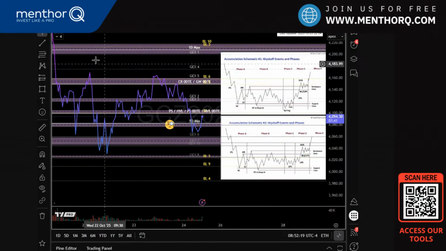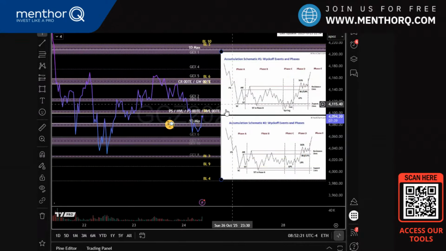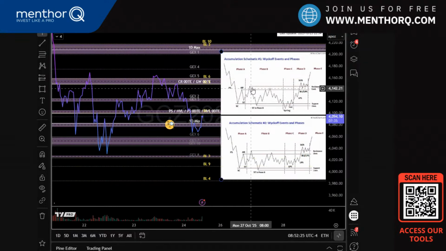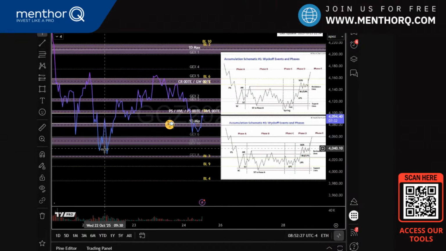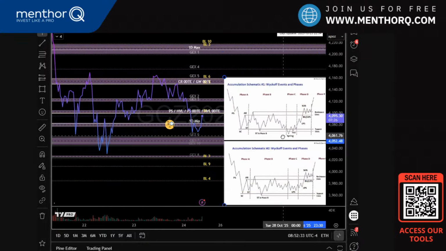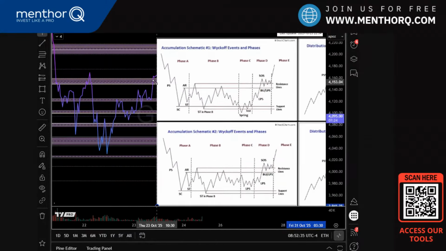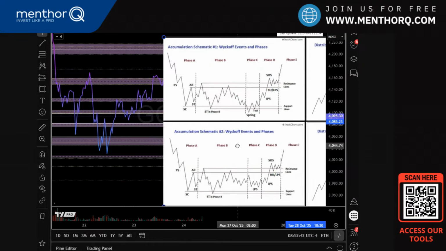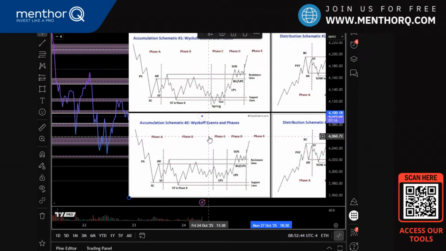As you can see right now, after a big drop, we came and created SC, later came back AR, coming back ST one more time, bounce, and right now we are sitting in phase B, the last one, or phase C. And now we need to wait, because sometimes it can also drop.